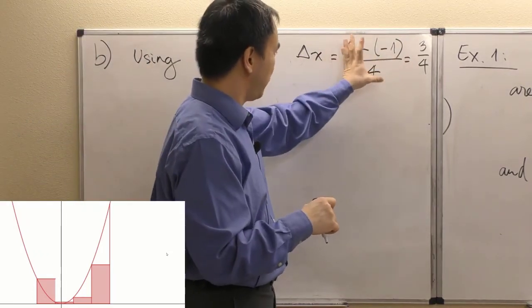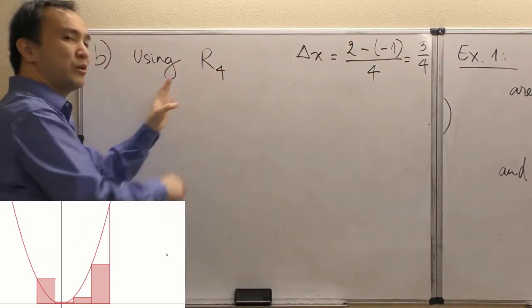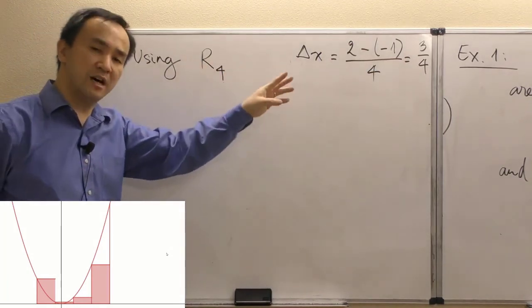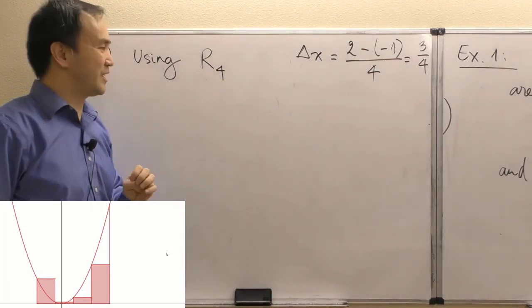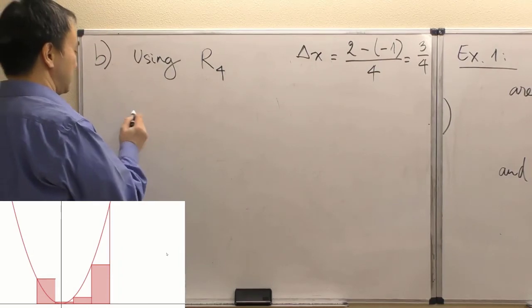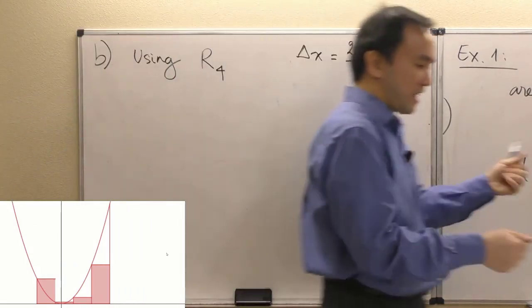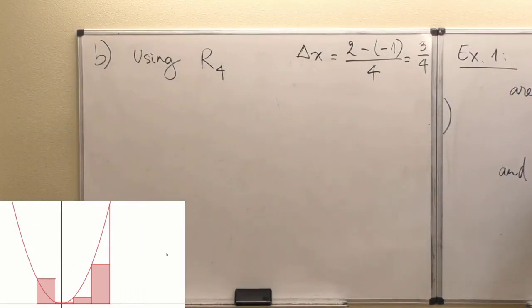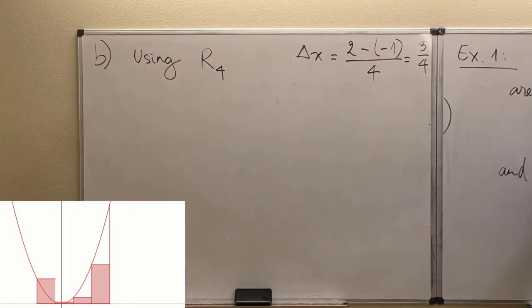So 4 subintervals. The only difference now is we want to use a right Riemann sum with 4 subintervals. So in that way, now think about. Let me quickly put that on the graph again so that you will have a good picture. Okay, now I'm going to put away the left endpoint. Let's look at the right endpoint.